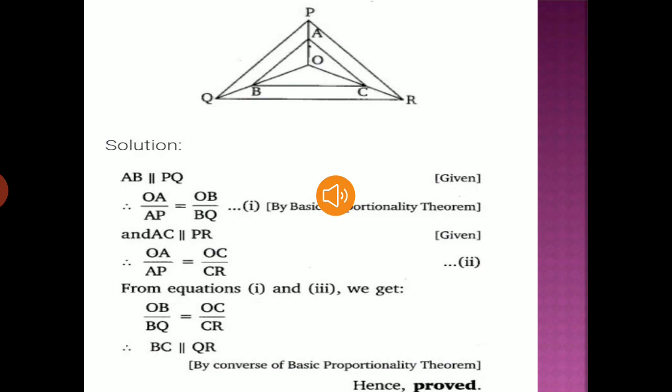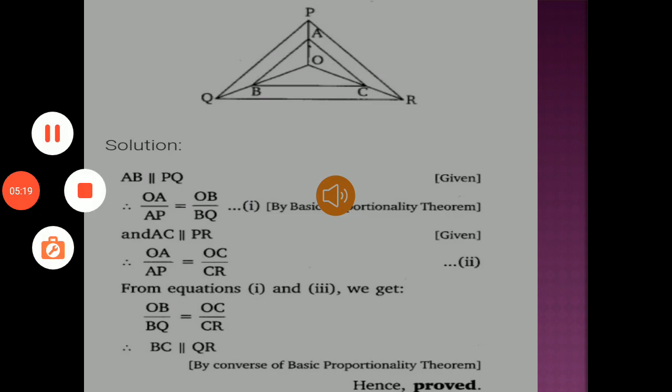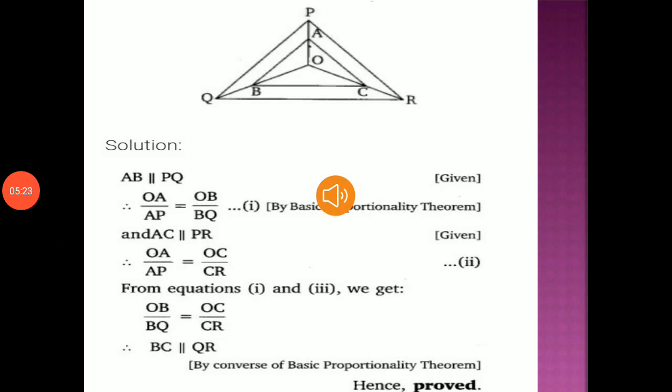First, for triangle POQ, AB is parallel to PQ. Therefore, by using the basic proportionality theorem, the sides are in the ratio OA by AP is equal to OB by BQ. Call it as equation 1.